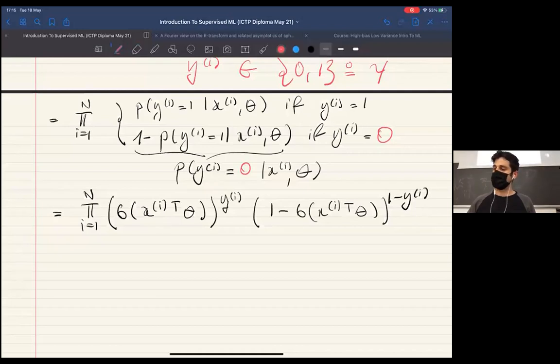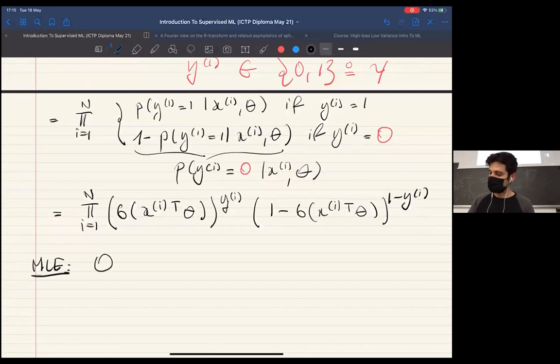Once we have a likelihood, what is maximum likelihood estimation telling you? That you should select, and it's very natural, the parameters that are maximizing the likelihood of the observed data, the observed labels, according to your model.